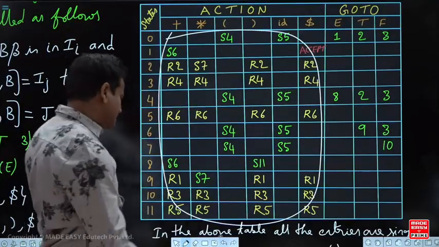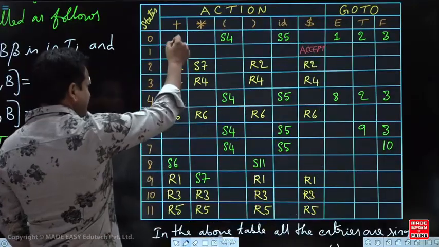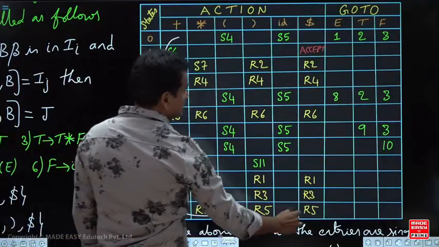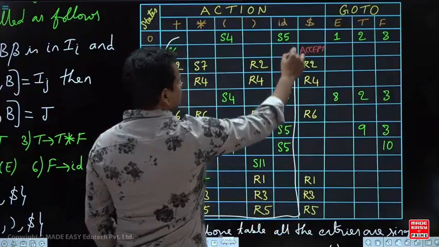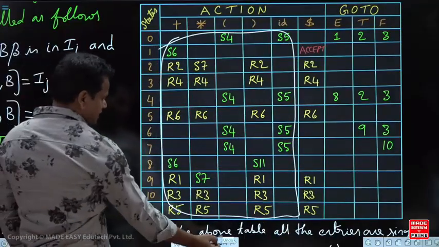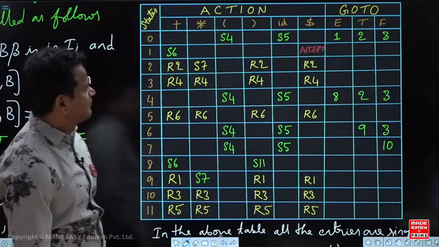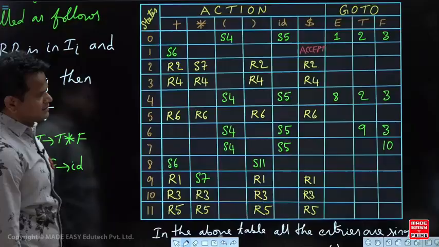Strictly, it is in this part only, not under the dollar column. What is the chance of getting multiple entries?